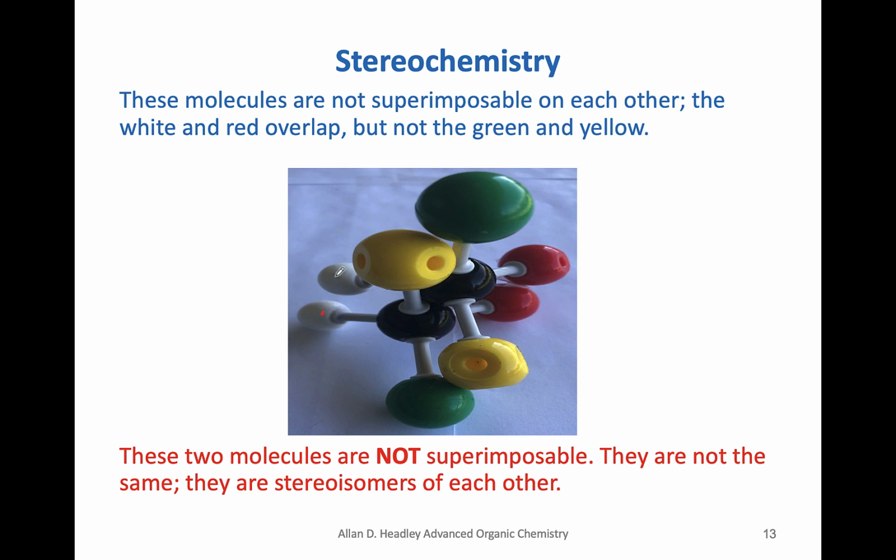The whites and the white overlap, the red and the red overlap, but the green and the yellow do not overlap. So therefore these molecules are not superimposable, not the same, and they are stereoisomers of each other.